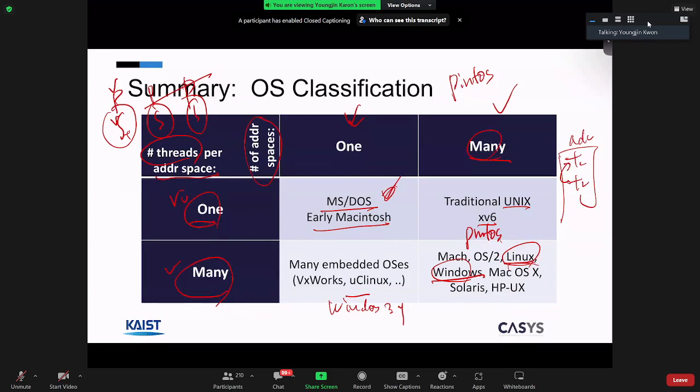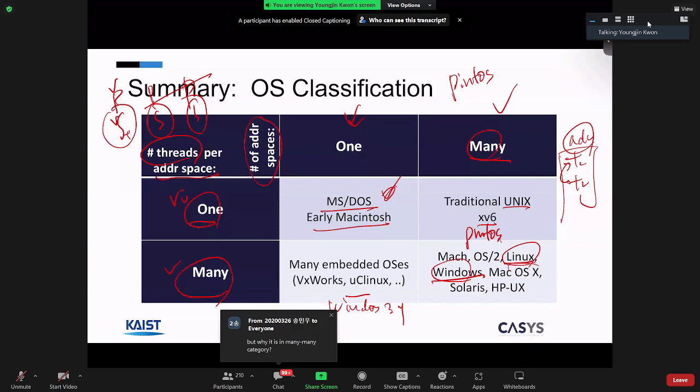No. Same address space. Like Linux, one address space, two threads share the address space in Windows. Sorry, I gave a long answer. Each process has a different address space, and threads share an address space.